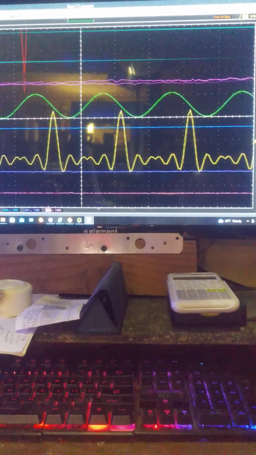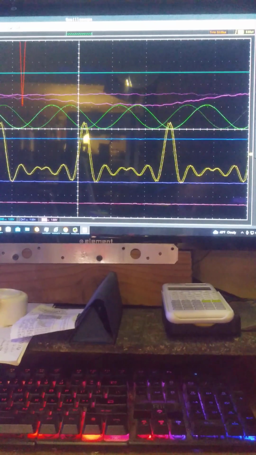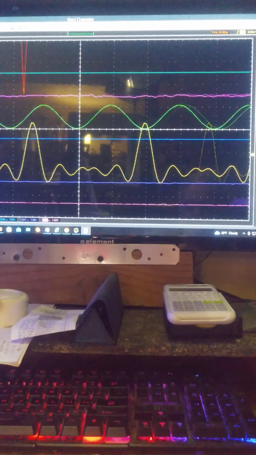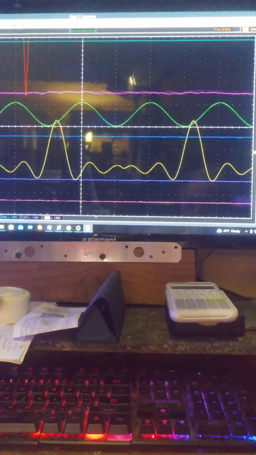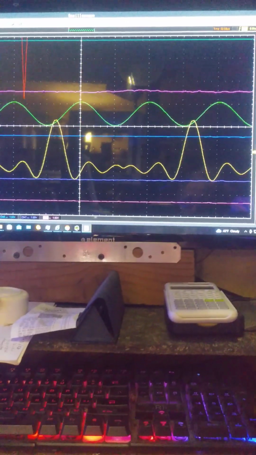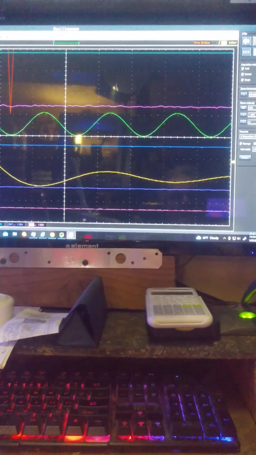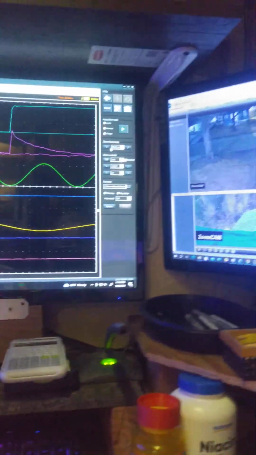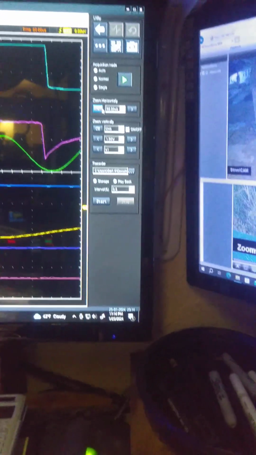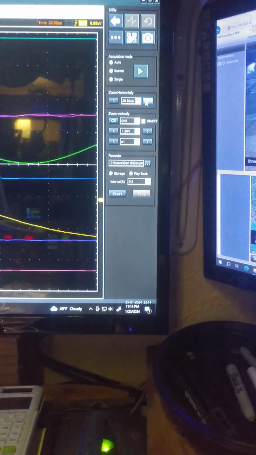So, let's see. There's 9, there's 8, there's 7, 6, 5. So 5 kilohertz is starting to look much better. 4, 3, 2, 1. Of course, 1 kilohertz it doesn't really have much of a problem with. Let's go the other way.